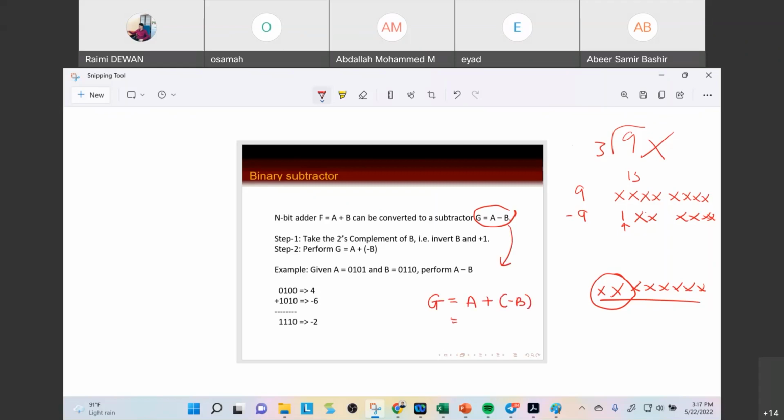So what should we do about this one? Can you guys tell me? Don't read this. It's no use if you read this and answer the question here. I want you to think. Oh, too late, but please. So this one is A, nothing wrong. But how about negative B? What should we do with this one?